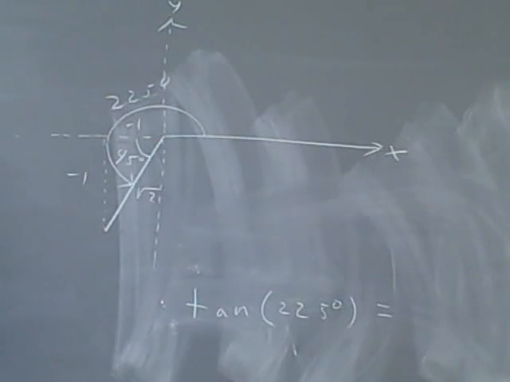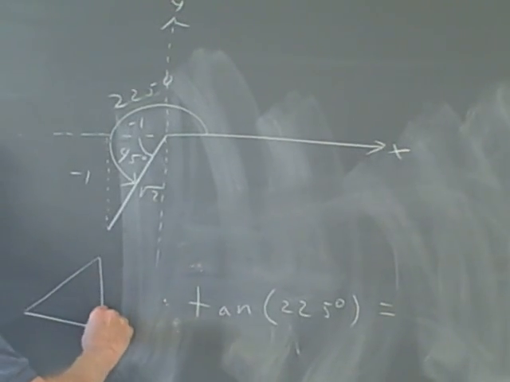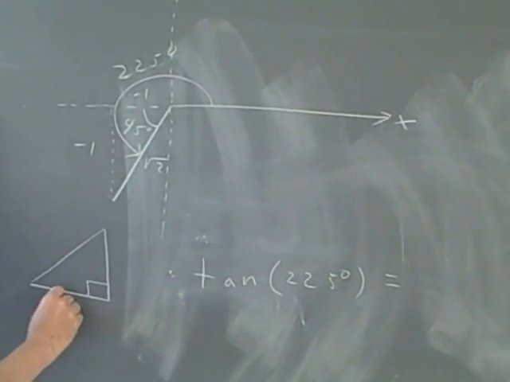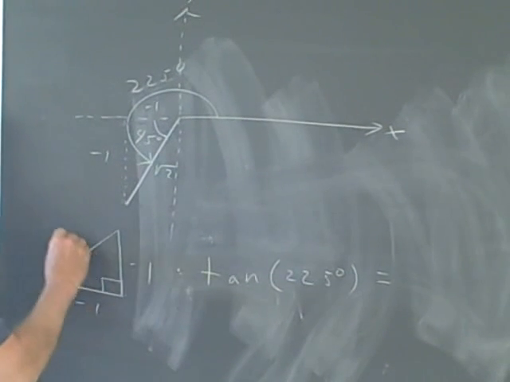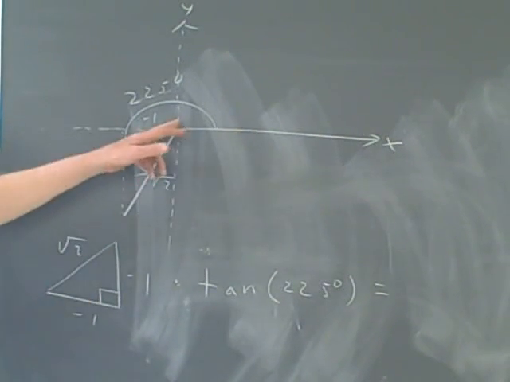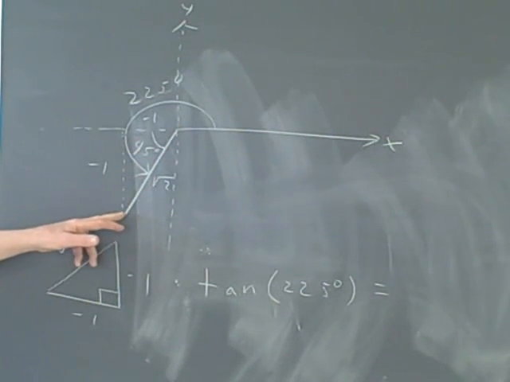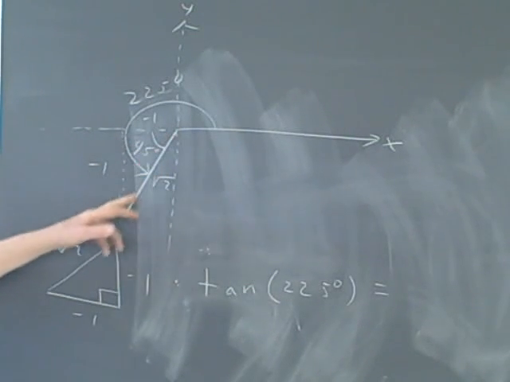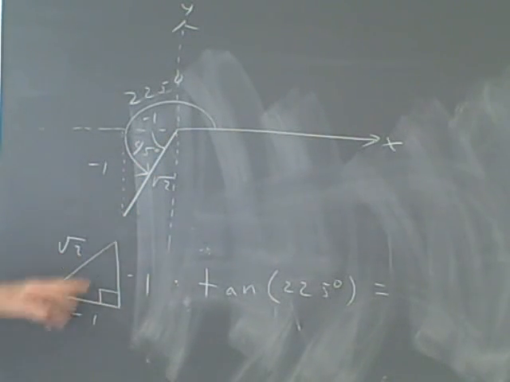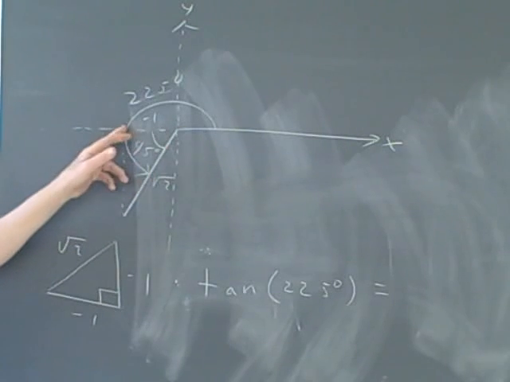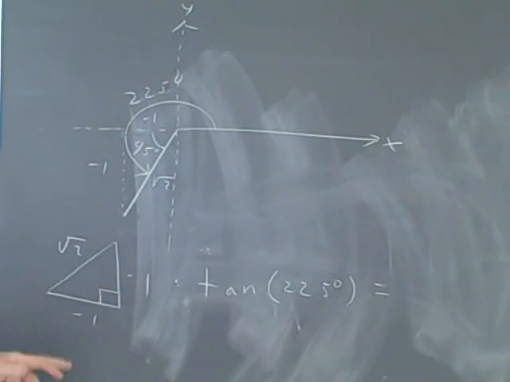So I consider both of those negatives, and I could redraw my 45-45-90 triangle like this, only now this is negative 1, negative 1, square root of 2. We always consider the hypotenuse, or the terminal side, to be positive, and these can be either positive or negative, going in a negative direction here and here.